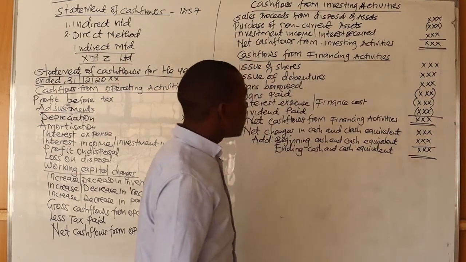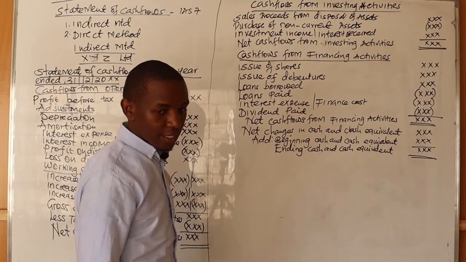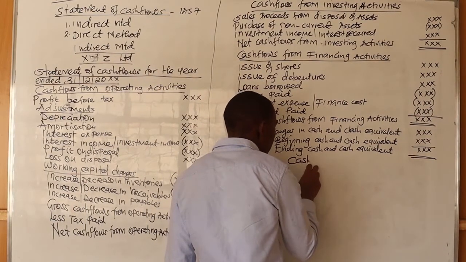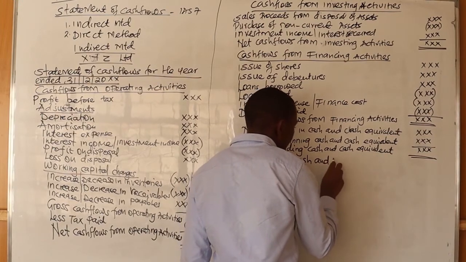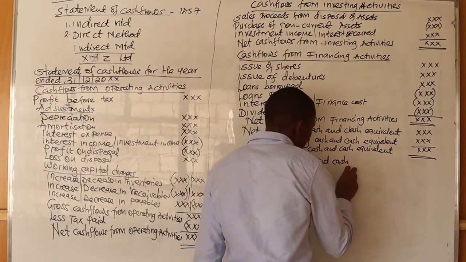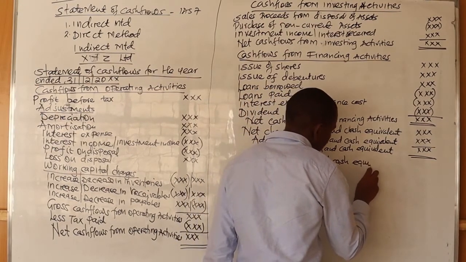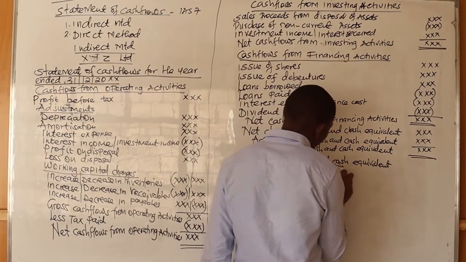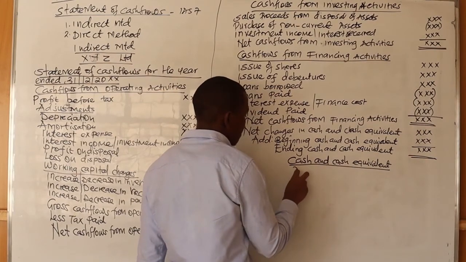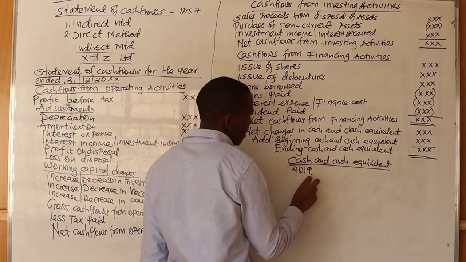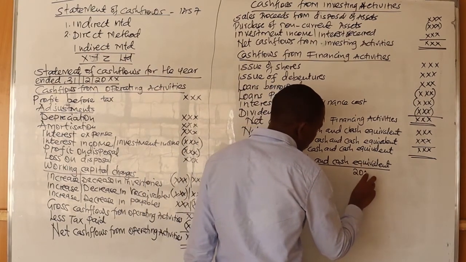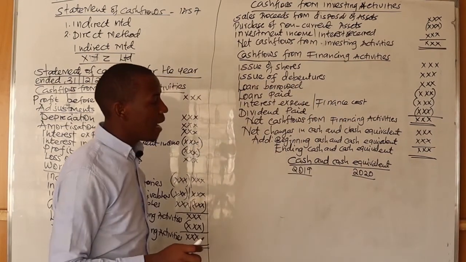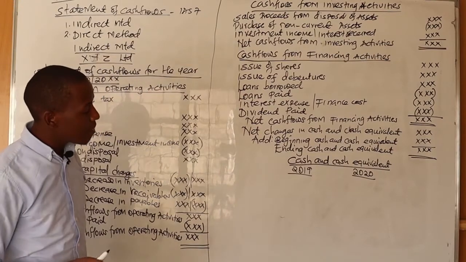Now, how do you get the beginning and the ending cash and cash equivalent? In this case, you will be required to have what we call the cash and cash equivalent, whereby you'll be having the previous year, for example, 2019 and 2020. So in this case, you only base on the cash and cash equivalent items.